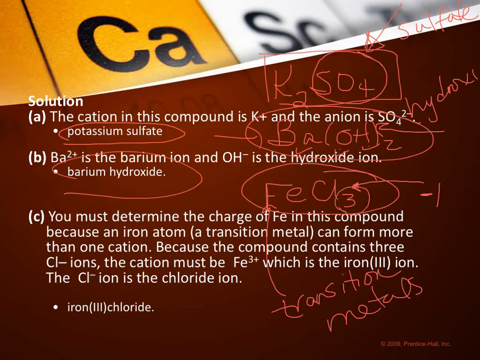There are 3 chlorines in this compound, so I need to multiply the -1 charge by 3. So the total negative charge is -3. Because the overall charge of this compound must be 0, my total positive charge must be +3, so that when I add these charges together, I get 0. So it's iron with a +3 charge.